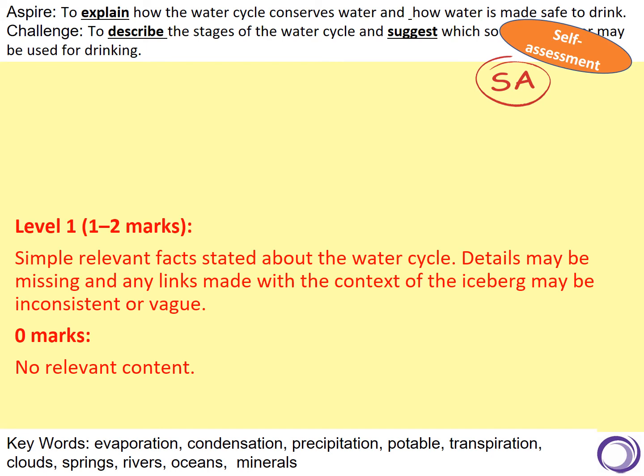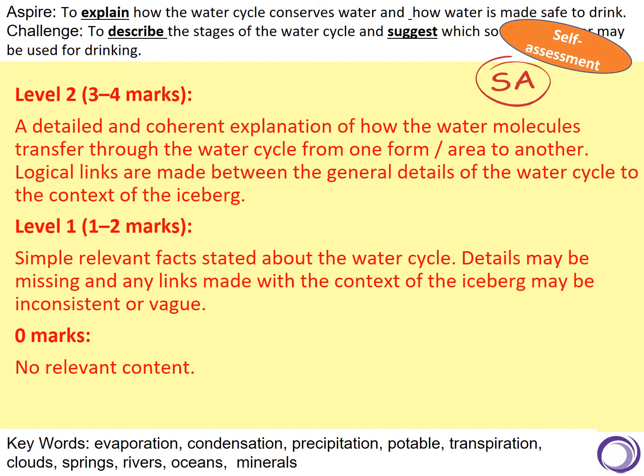A level 1 answer would cover 1 to 2 marks, and there you might have included a few basic things about the water cycle, but you haven't necessarily linked it to the iceberg, or it might be a bit vague or inconsistent. To get the 3 to 4 marks or level 2 answer, you must have a detailed and coherent explanation of how water molecules transfer through the water cycle from one form or area to another.